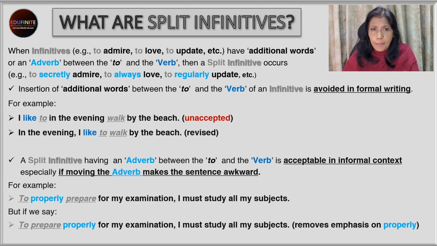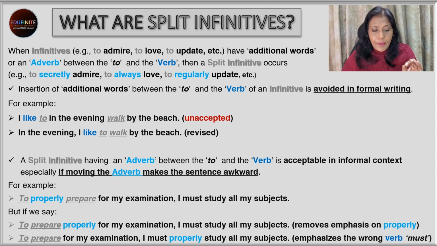To prepare properly. So over here, when we remove the inserted adverb and place it beside the infinitive, what happens? The emphasis which was initially there on the adverb properly is somehow missing. So that's the emphasis. But if we say to prepare properly for my examination, there is no emphasis on the word properly.